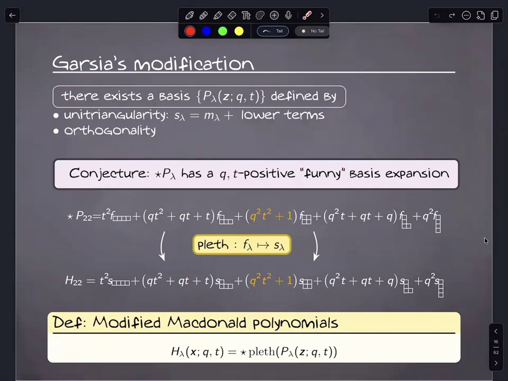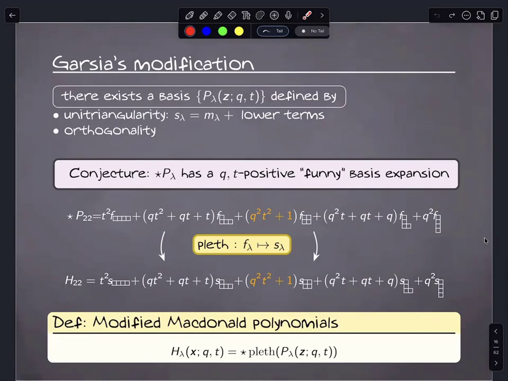It's obviously different because I've taken this yucky funny thing and replaced it with the Schur function. Now, whatever this new guy is, which he calls the modified Macdonald polynomial, whatever it is, it should be Schur positive if and only if Macdonald's polynomial was funny basis positive, because it's a very stupid substitution, right?